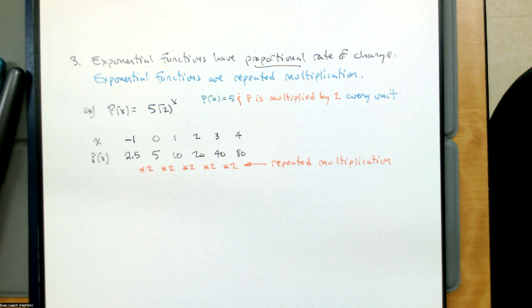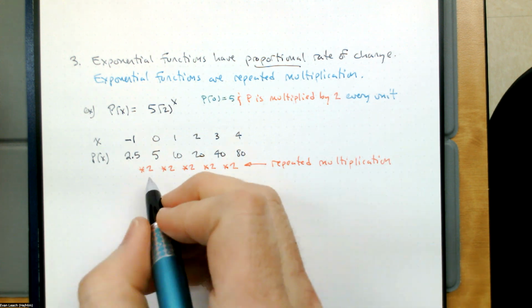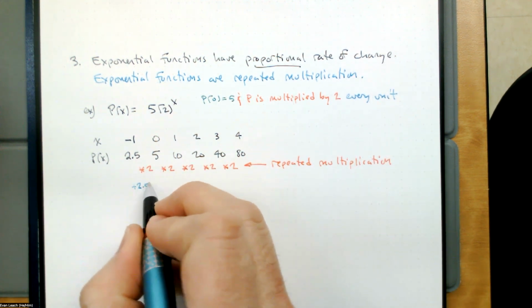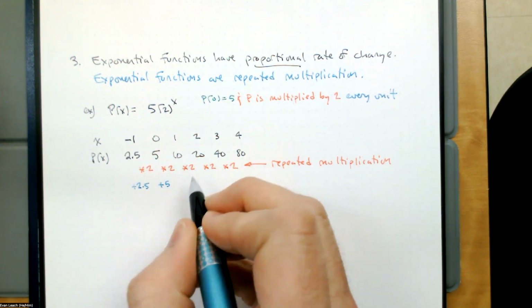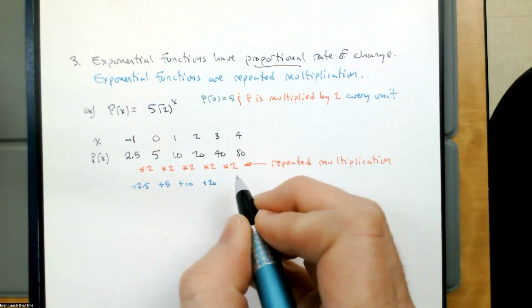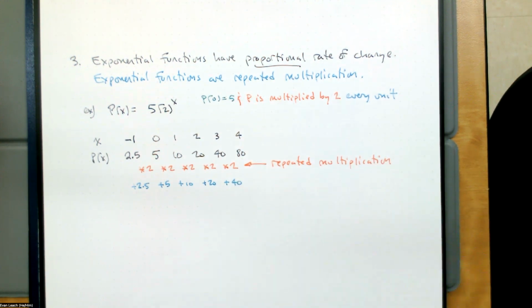What we want to recognize is what's happening to the rate of change. What's happening to how much we're adding? What's happening to the slope as we go through this? What might the derivative be of this kind of function? So from 2.5 to 5, that's an increase of 2.5. From 5 to 10 is an increase of 5. From 10 to 20 is an increase of 10. From 20 to 40 is an increase of 20. From 40 to 80 is an increase of 40.